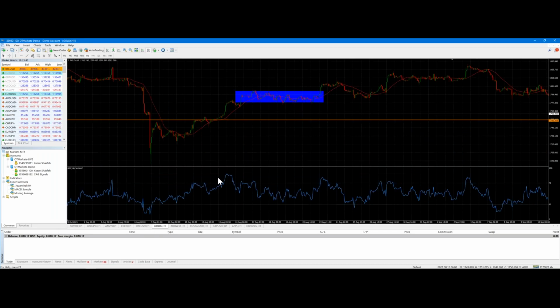Another example on gold, after this big move, you can see here the small candles moving sideways. Breaking it is a bullish signal also, with the target of the nearest highs, which are 1, 2, and 3.